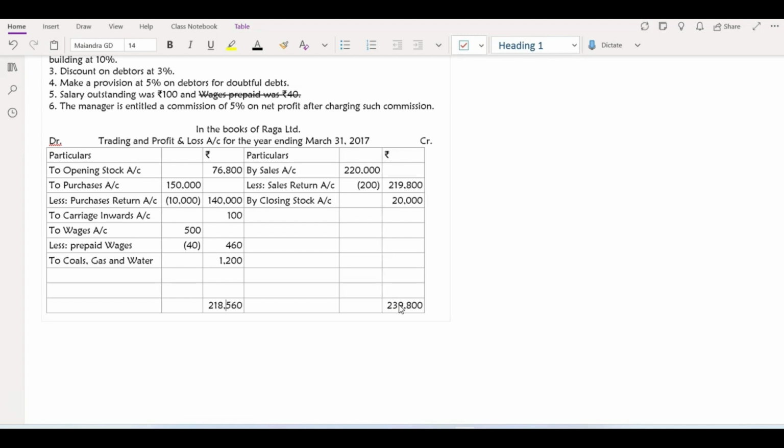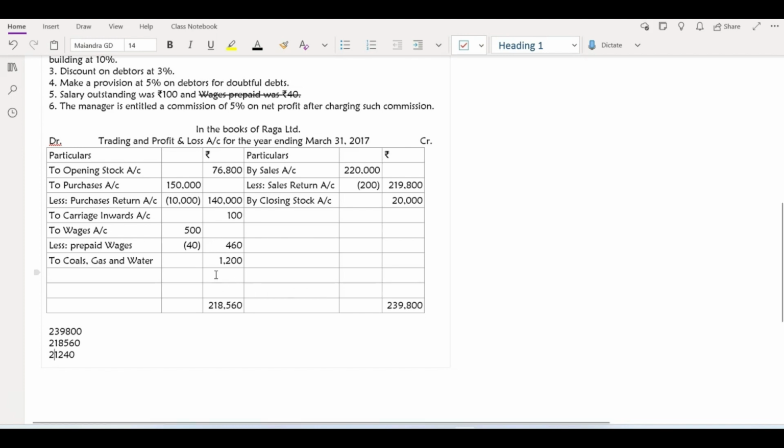All right, so my debit side is shorter. Let's do a rough work here. 239,800 minus 218,560: 10 minus 6, 4, 7 minus 5, 2, 9 minus 8, 1, 3 minus 1, 2.